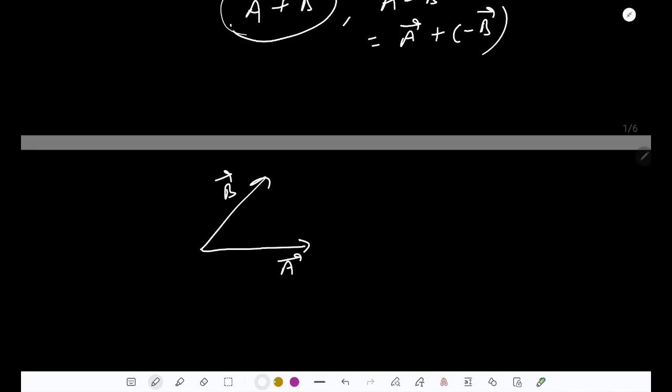Then in case you want to find the sum of these two vectors, you have to complete a parallelogram considering both the vectors as bases, and you will get a unique diagonal that also emanates from the tails of vector a and vector b, and this will give you vector a plus vector b.